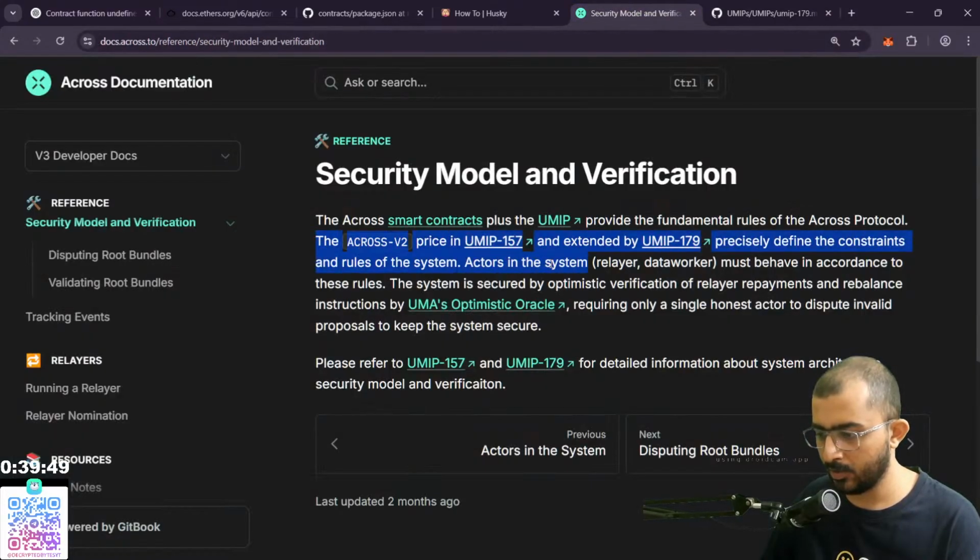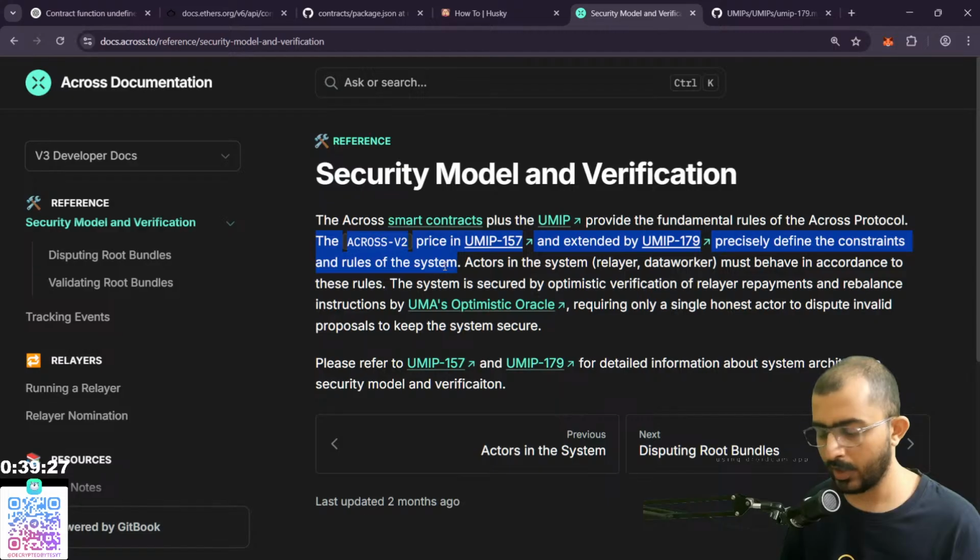Next, what is this? The Across v2 price in UMIP 157 and extended by UMIP 179 precisely define constraints and the rules of the system.